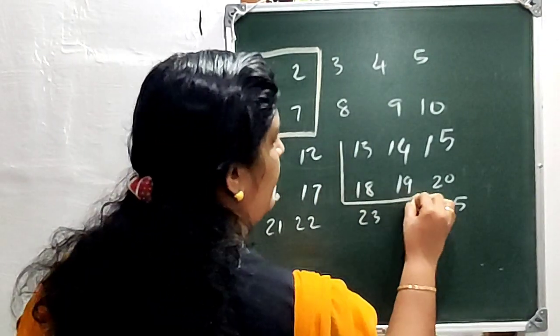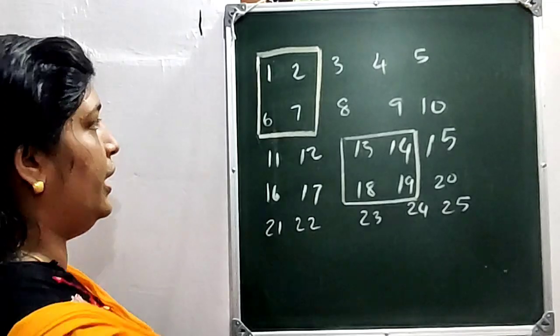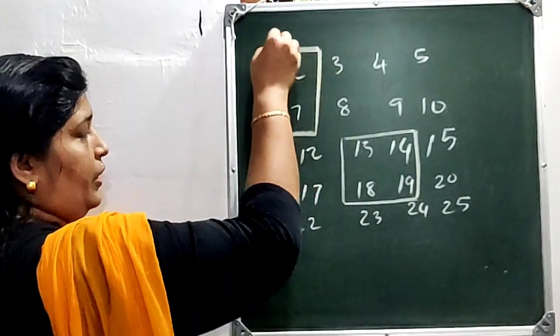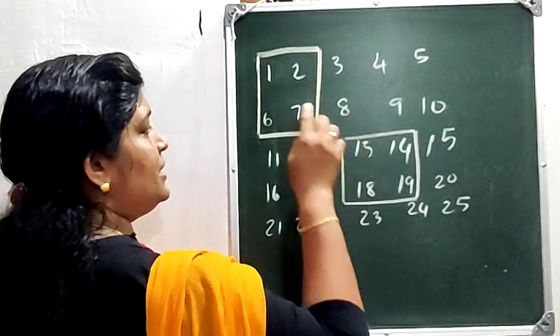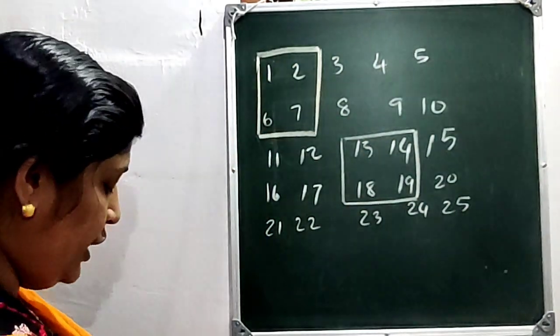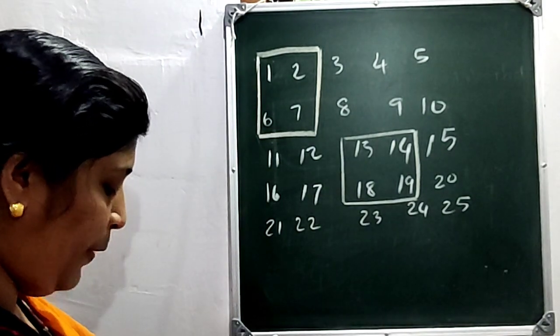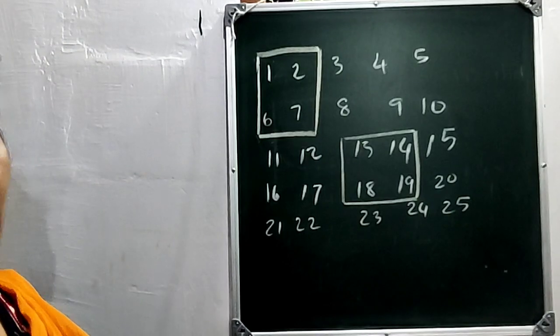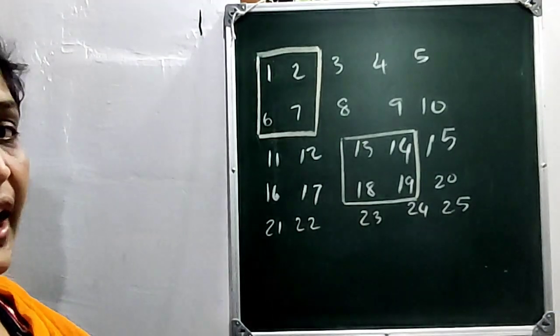Similarly, this is also a square of 4 numbers. In this set of numbers, I need to find the difference in the diagonal product.